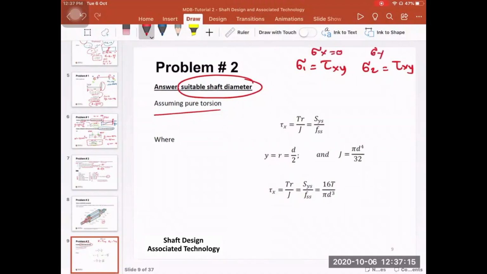Sigma y is equal to 0. You have only torsion. And then sigma 1 and sigma 2 are equal in magnitude, and they equal the shear stress due to torsion. In this case, if you apply the maximum shear stress theory or the distortion energy theory, you will find that eventually this tau xy value is equal to S yield in shear over the factor of safety in shear.